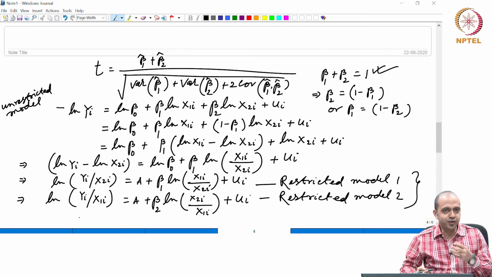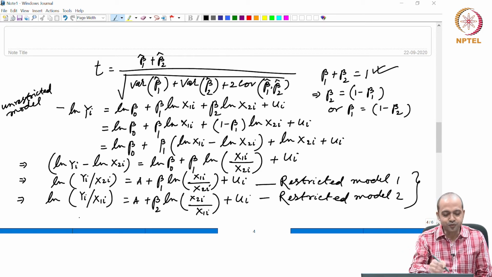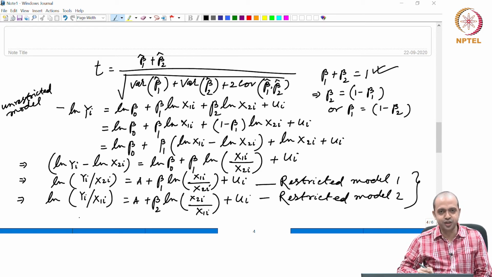Since the dependent variable itself is different in the two models, I cannot say that the two R squares are the same. That is the reason the R square from the unrestricted model is different from the R square from the restricted model, and these two R squares are not comparable.